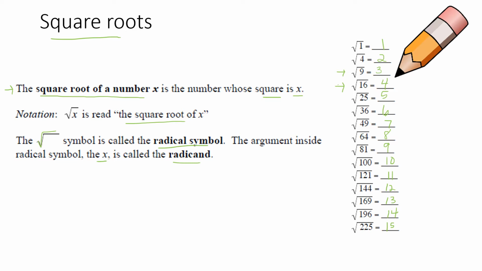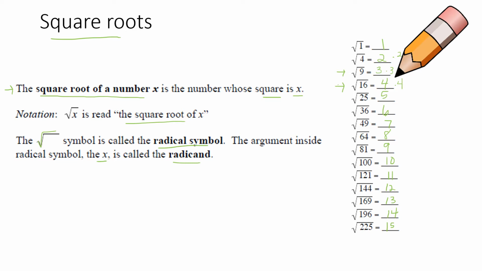Now, if you don't have them memorized, there's a trick you can do to help you come up with them on a learning check. If you take 1 times 1, you'd get 1. If you take 2 times 2, you'd get 4. If you take 3 times 3, you'd get 9. 4 times 4, 16.